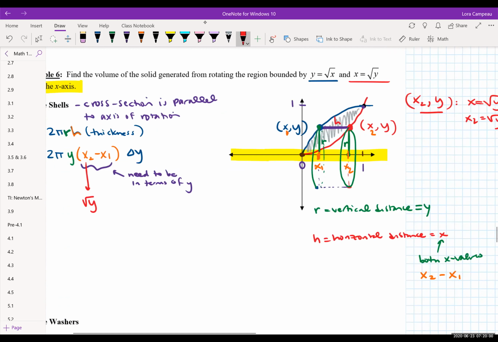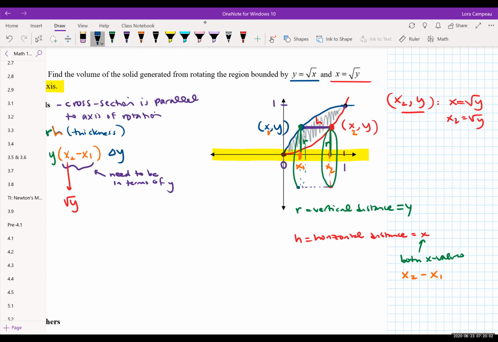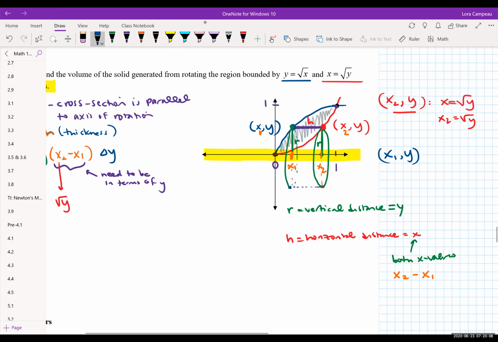And x1 is similar. I'll write this out. Looking at the point that I'm on, x1 comma y, that's on the curve y equals square root of x. So if I'm trying to rewrite it in terms of y, I need to solve it for x.